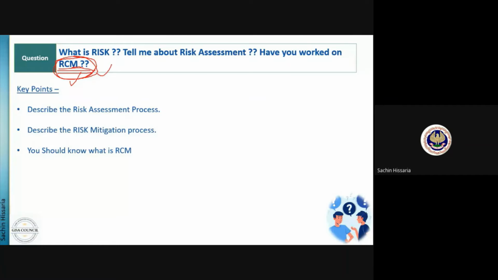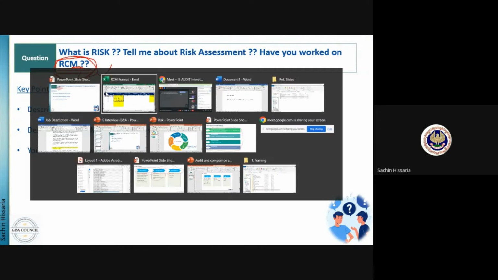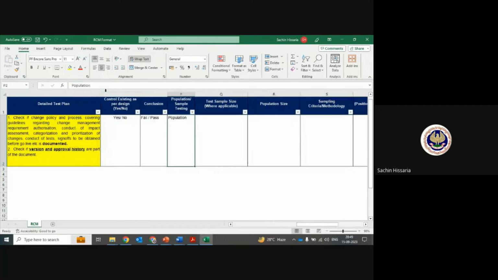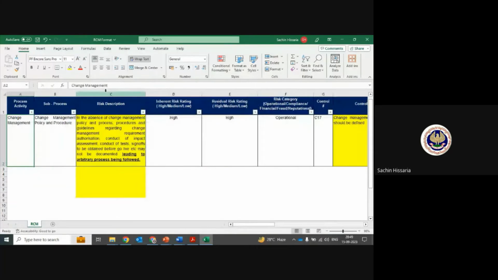You should know what the RCM is, how these RCMs are prepared, what the importance of RCM is, and what the key elements of the RCM are. During the interview, they may ask you, do you know RCM? You say, yes, I know the RCM. The next question will come: what are the key components of RCM?